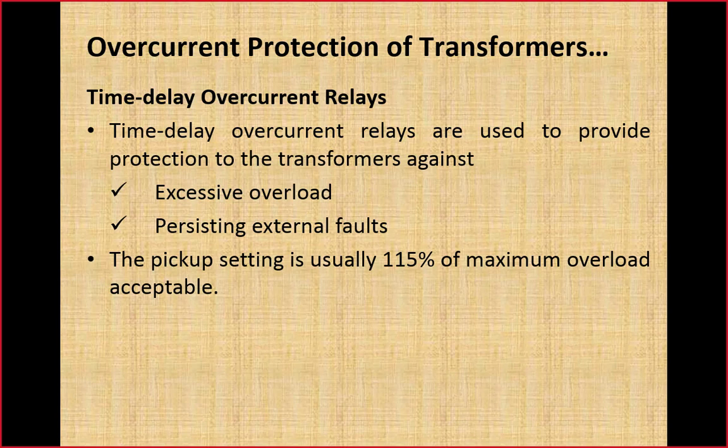In case of motor, our current relay is set to 125% of maximum possible load current. In case of transformer, it is set to 115% of maximum possible load current. So the same overcurrent relay, as its application changes from transmission line to the motor to the transformers, its pickup setting criteria will also change.